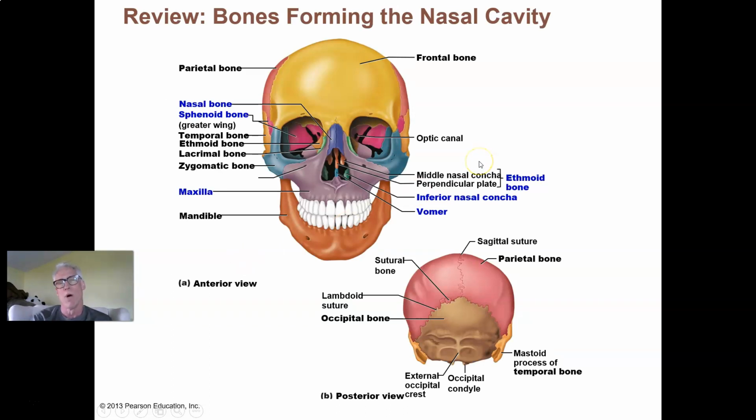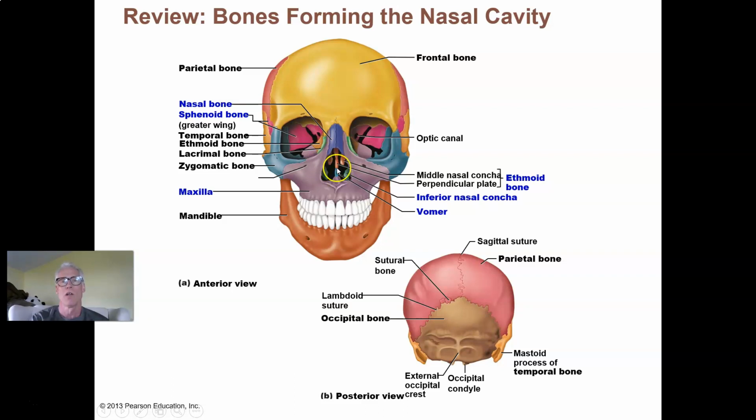What bones, I asked you this back then, contribute to the formation or the structure of the nasal cavity? We can look at this diagram and see the nasal cavity. We see the two paired maxilla. We can see just the very bottom in blue of the vomer bone, which is part of the vertical divider between the left and right nasal cavities.